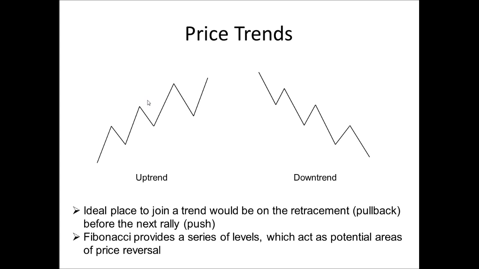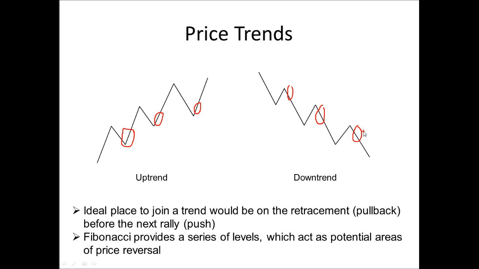So once we identify a trend, obviously the ideal place to join the trend is these troughs on an uptrend and the peaks of a downtrend. Here is your ideal area to place calls, and here are your ideal areas to place puts, as price moves strongly in the direction of our binary options position.